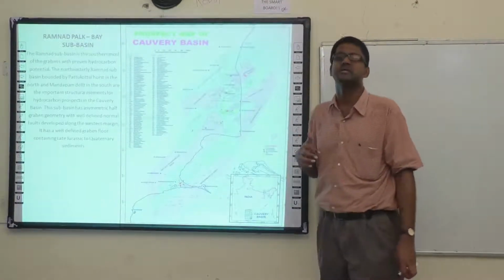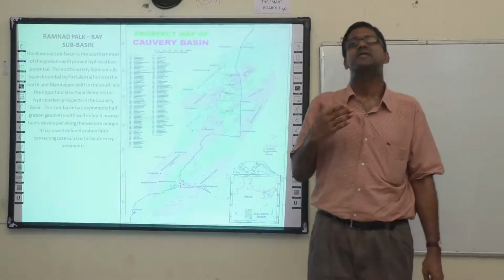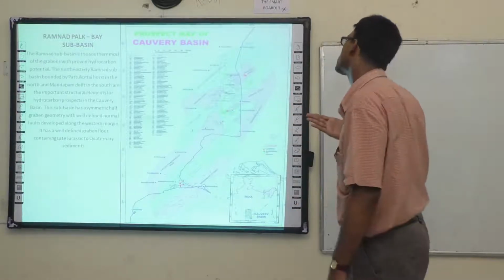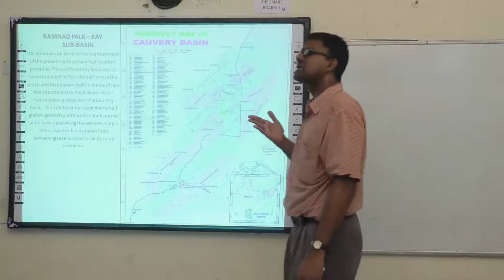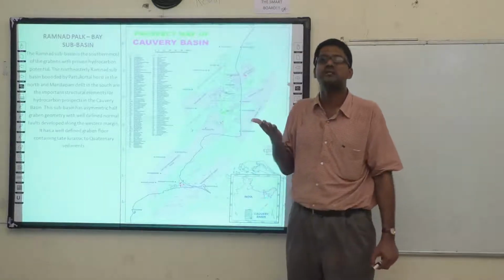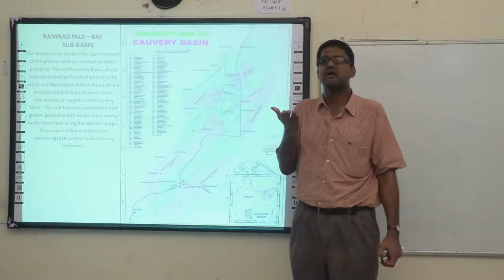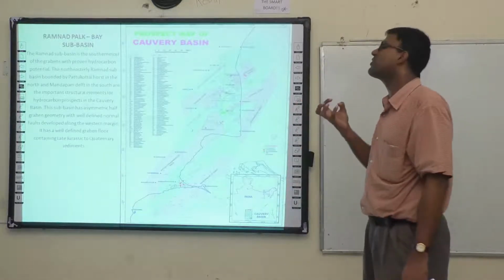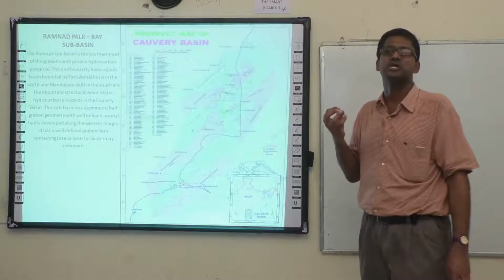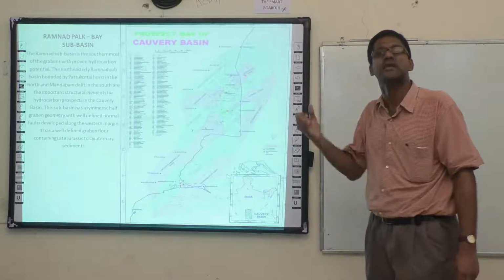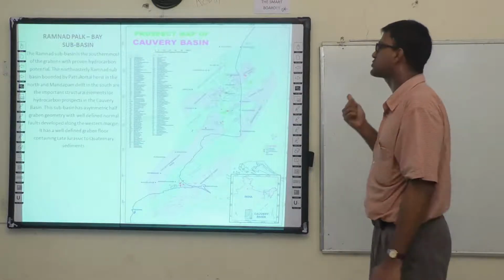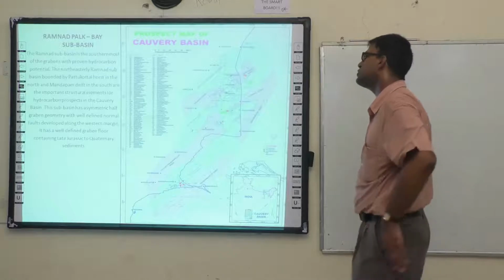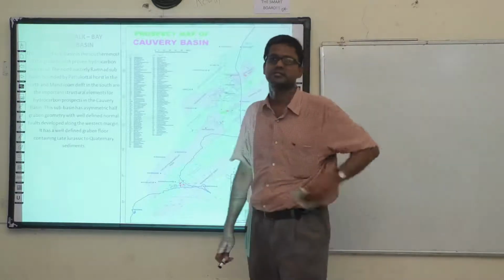Quaternary in the sense very recent sediments. So Jurassic, late Jurassic means during the Jurassic animals are present. The sediments were drawn from Pattukottai Mannargudi Ridge, started from that time itself. Okay, so that is late Jurassic to Quaternary sediments.